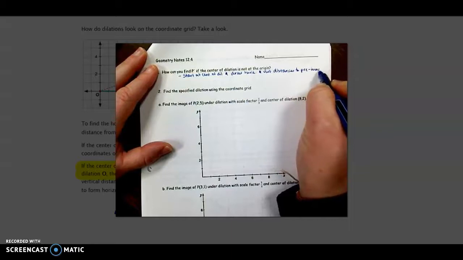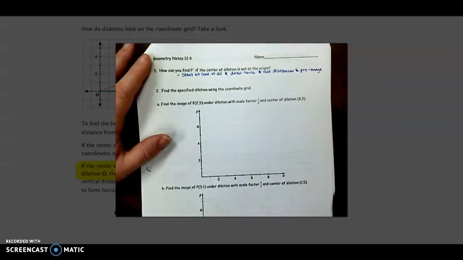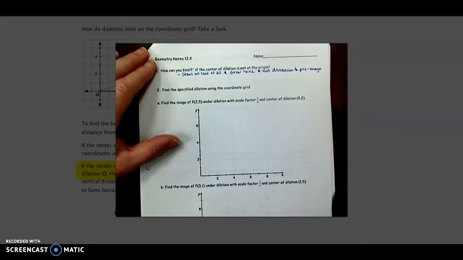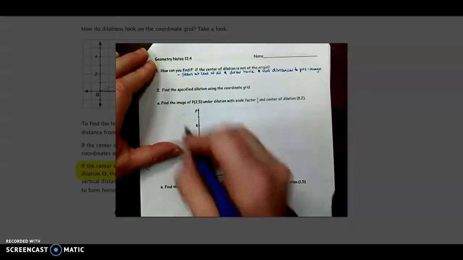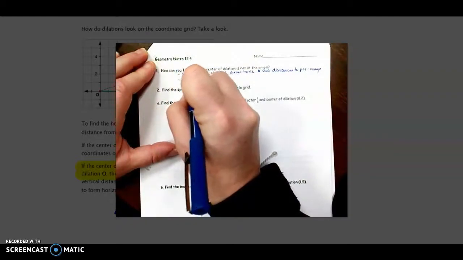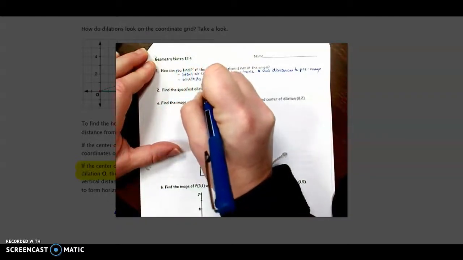That's the point you're starting with. After you have started at the center of dilation and drawn your horizontal and vertical distances to your pre-image, you're going to multiply those distances by your scale factor.